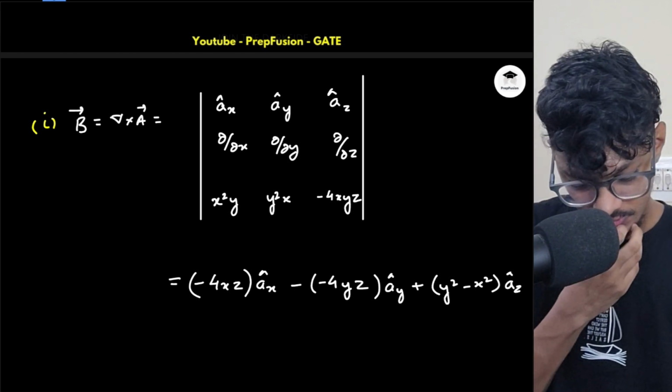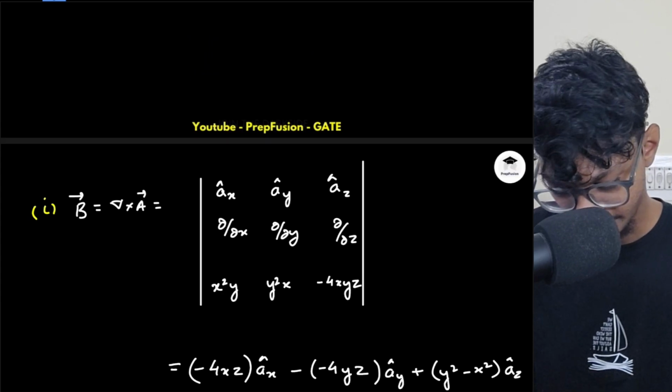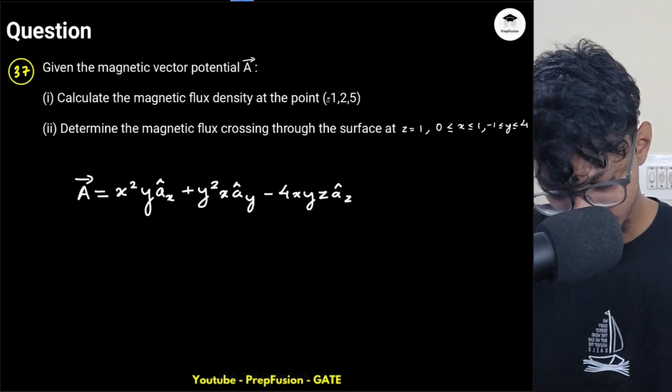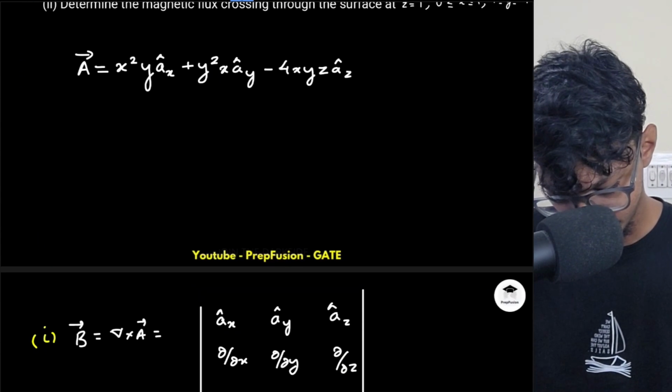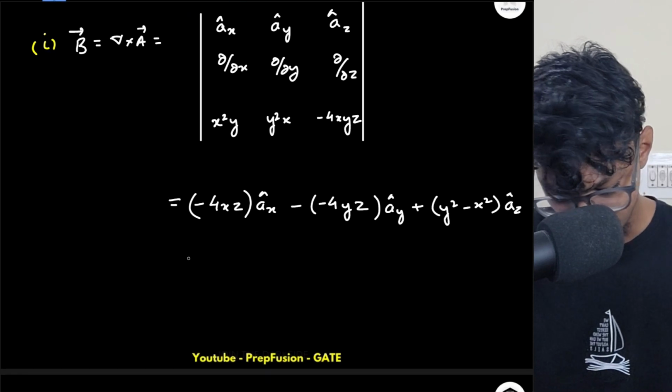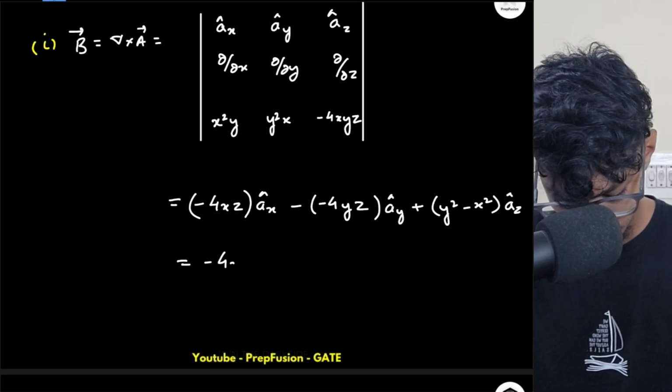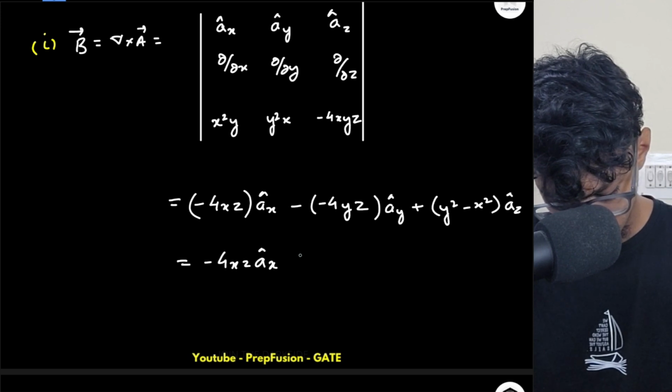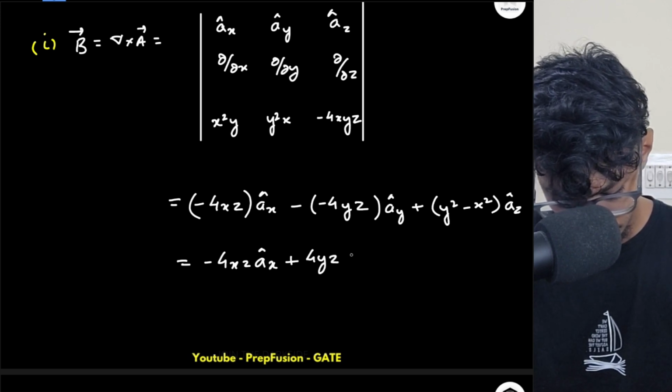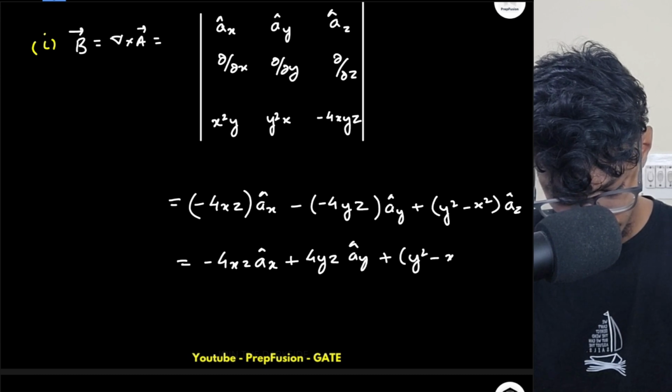Now I will simply put in the values. The point was (-1, 2, 5). So B is minus 4XZ AX plus 4YZ AY plus (Y square minus X square) AZ.